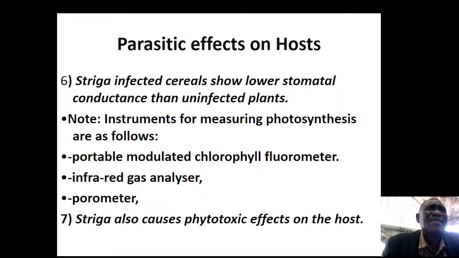Striga infected cereals show lower stomatal conductance than uninfected plants. So what it means is that if the striga attaches itself to the host, that host will tend to close its stomata, because it has something to do with abscisic acid, which controls the opening and the closure of the stomata.